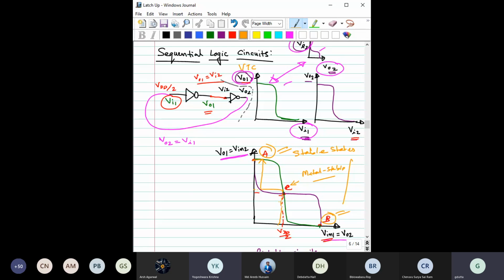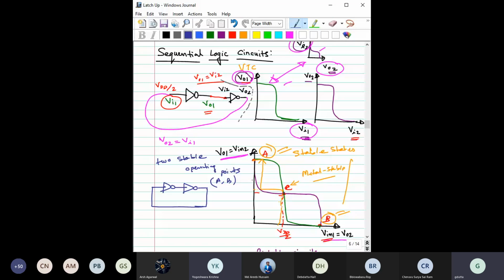So from this we can say one thing. If we connect two inverters like this, then there are only two stable operating points, A and B. And A and B stand for what?